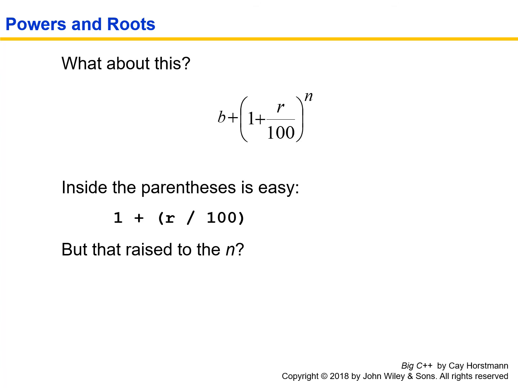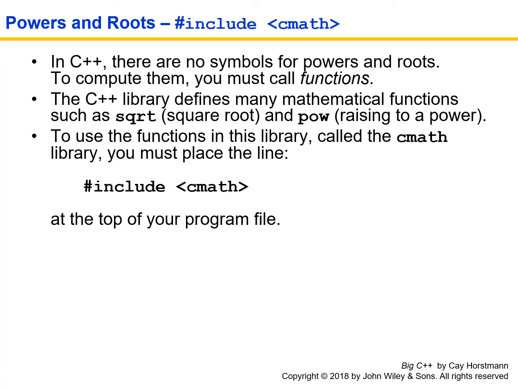What about this? The inside the parentheses part is easy: 1 plus r over 100. But what about that raised to the n part? We need to pull the power function out of the cmath library, which means we need to #include <cmath> at the top of our program file.